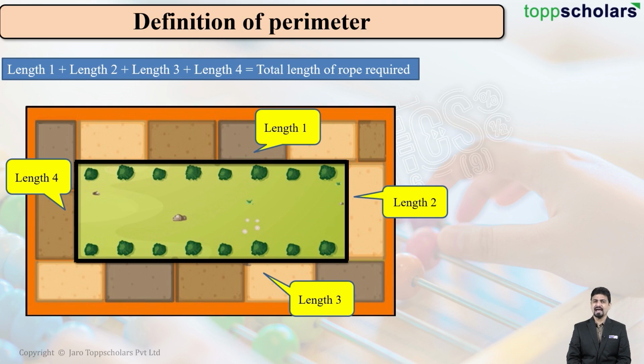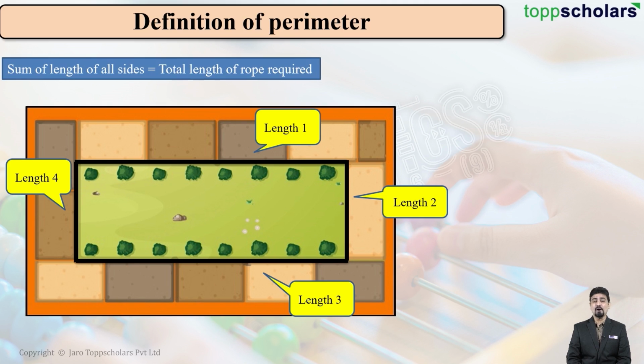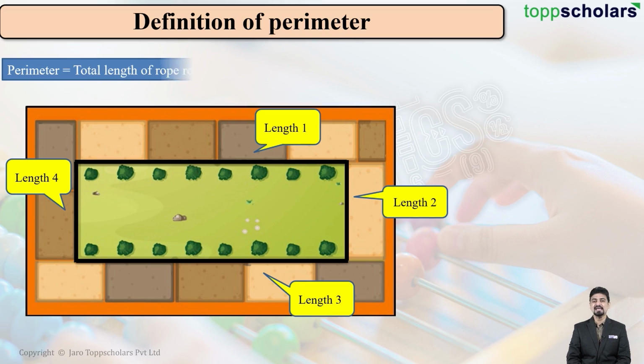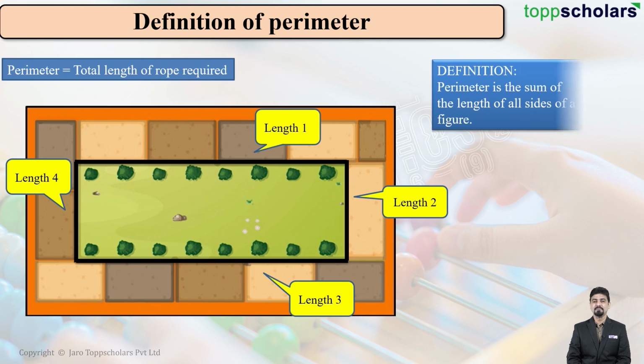In short, can I say the sum of the length of all sides of the playground is the total length of the rope required? But this sum of the length of all sides, students, is called the perimeter. So the total length of rope required is equal to the perimeter.